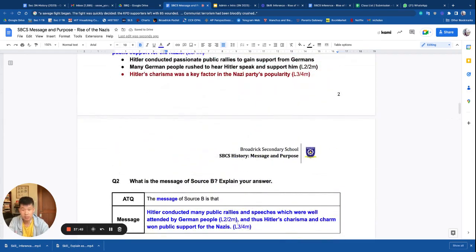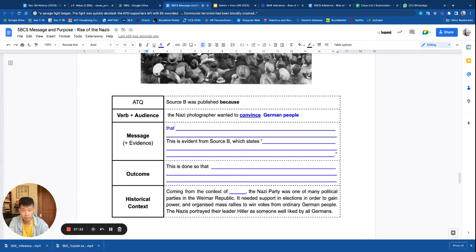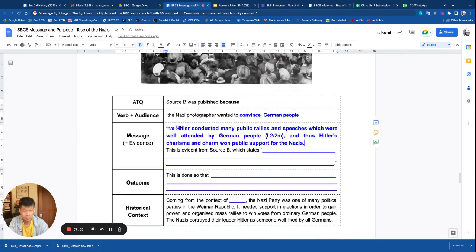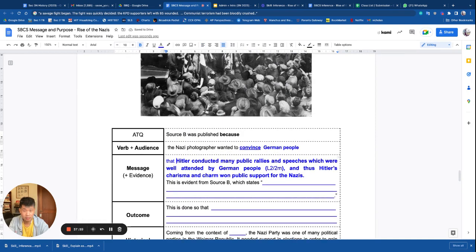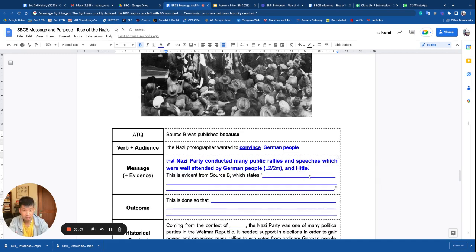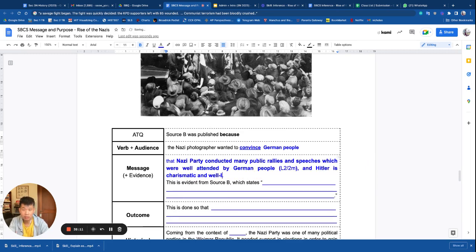I'm just going to take the message that the Nazi Party conducted many rallies and Hitler is charismatic and well loved by the German people, by ordinary Germans.